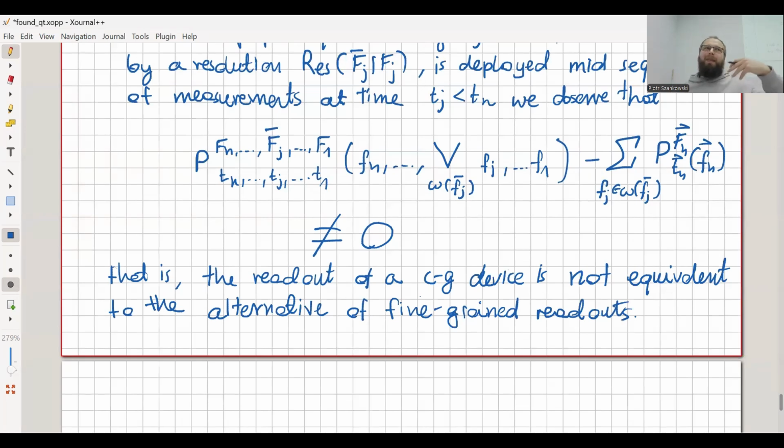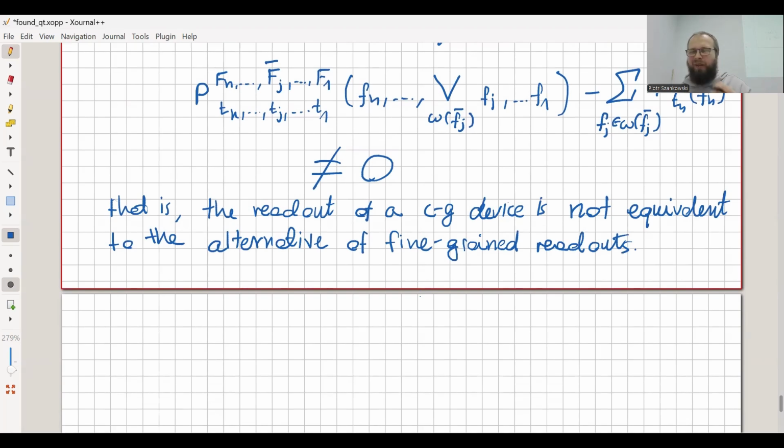The coarse-grained measurement is equivalent to an alternative of fine-grained measurements in classical theories. This is the only way to achieve this. So here we check that this is not the case in our non-classical theory, that this doesn't work.